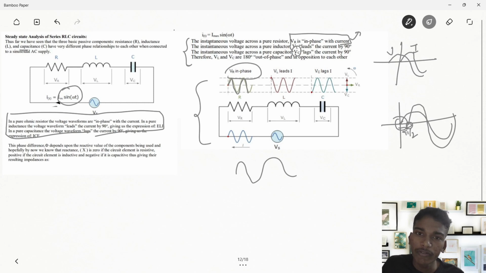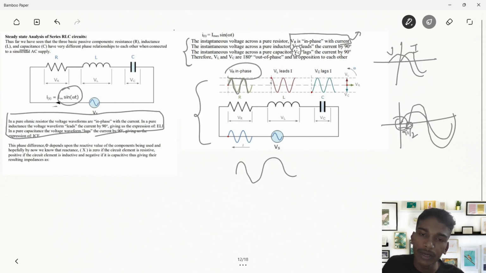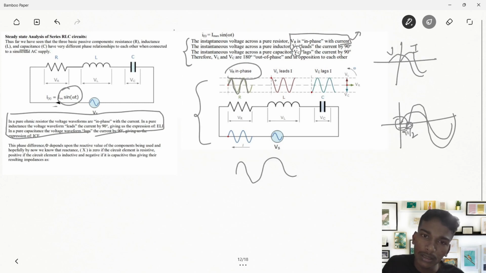In pure inductance, the VL has to lead, right? So it's going to start from here, where our current value is 0, but VL will be something more, just like this. I'm drawing it in a rough way, but it's not the exact thing. This is pi by 2. The voltage is leading the current by pi by 2.